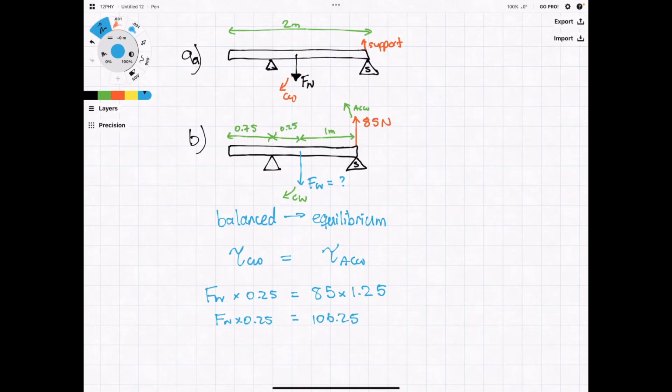What we're going to do now is divide both sides by 0.25. Cancel, cancel. It's going to give us FW equals 425 newtons, the weight force of the plank. Okay, hopefully that makes a little bit of sense.